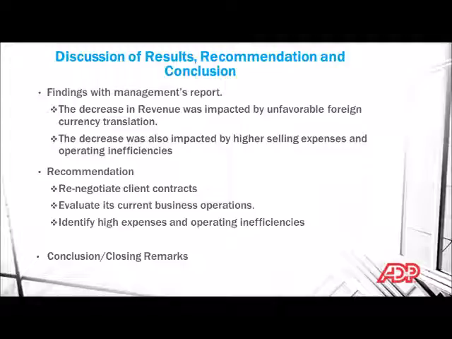It is also evident that there were no considerable changes in its business operations, as net income was consistent every year. Due to these findings, ADP needs to re-evaluate its current business operations so that it can identify the inefficiencies in its operations and find more ways of lowering its selling expenses.